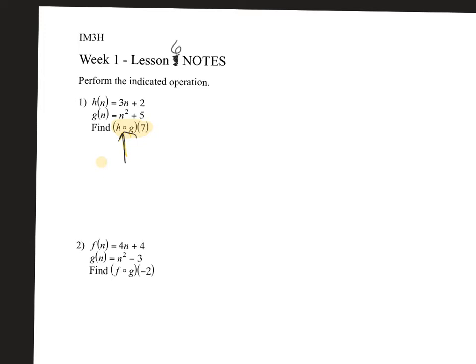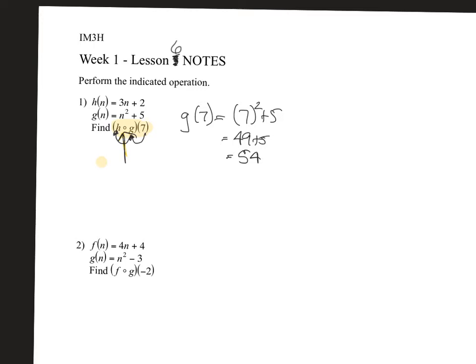It means that you're going to take this 7 and plug it into the g function first, right? So we're going to do g of 7 and get 7 squared plus 5, which is 49 plus 5. We're going to get 54, all right? Now we're going to take that answer and put it into the h function.